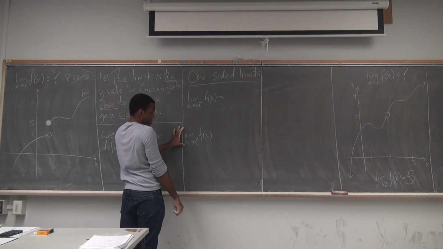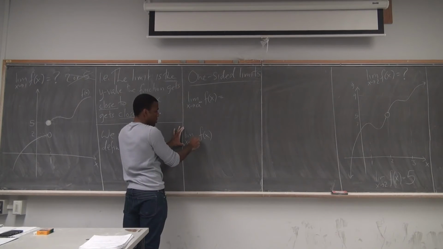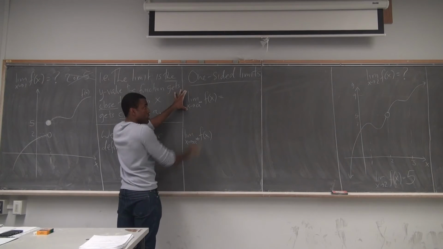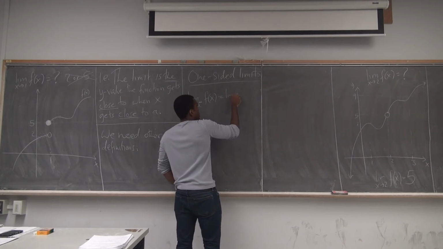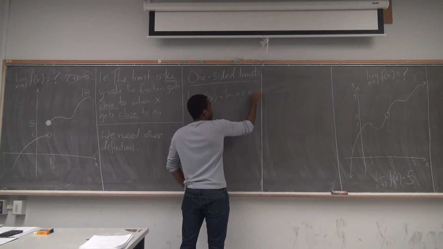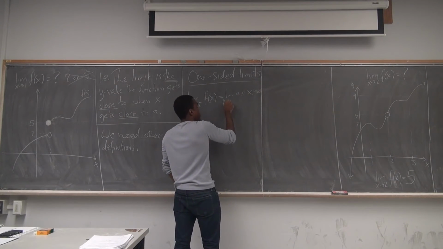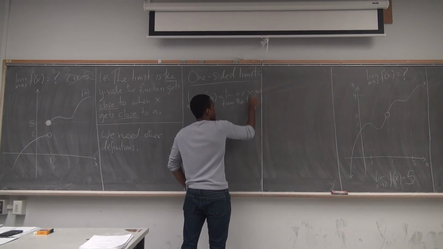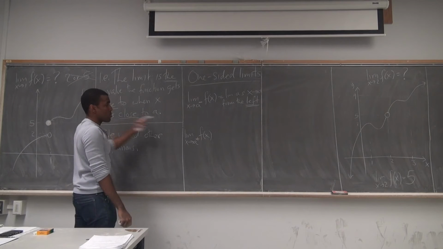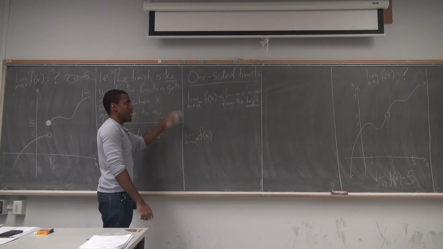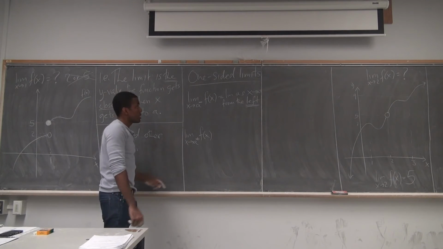And then I have limit as x approaches a, in the power, I put a plus sign, right? Now when you see a little minus sign in the power, what that means is the limit as x approaches a from the left. Right, so I'm putting directions on my limit now. I'm approaching a from the left. The negative means I'm a little less than a, right? So I'm coming from the left side, right?